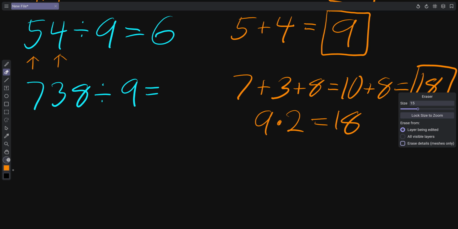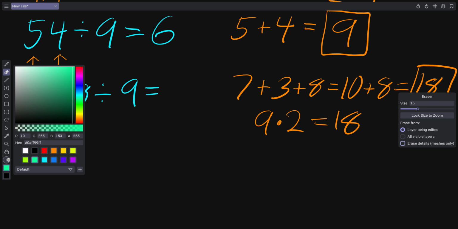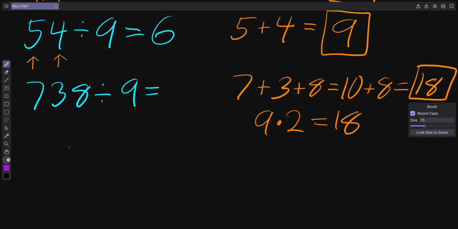So now all that's left for us to do is the long division. So let's do that. I'll choose purple for this. Okay, so we take 9, put it over here. We put 738 over here. 9 can't go into 7, but it can go into 73.